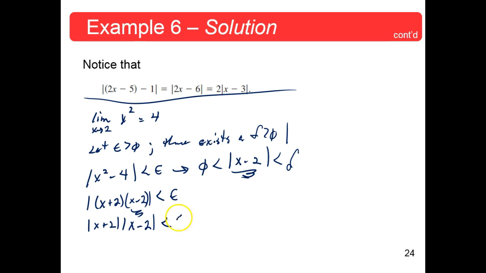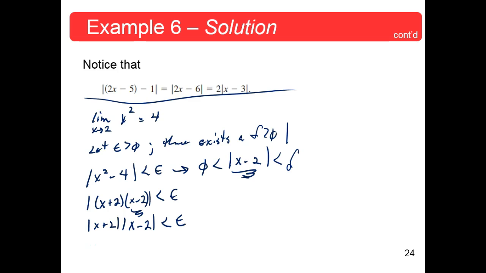That's also got to be less than epsilon. Okay, do you buy that? You just split the absolute values. Remember, these are always positive. So if you can guarantee this, you're the same as guaranteeing that. Okay? This is the one we want.